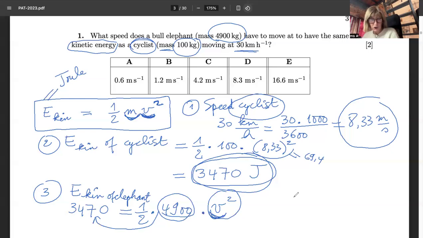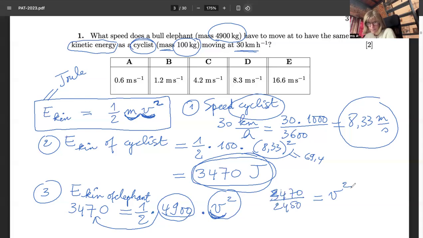Because I don't have much space, finally what I will have is 3,470 divided by 2,450. If you don't know how I got this, then you ask me, okay.